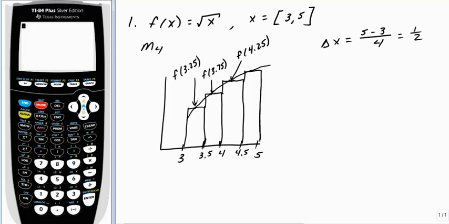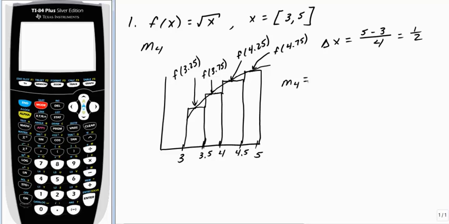Now the point of what we're trying to do is that integration finds area under a curve. And integration is going to end up being an infinite summation. It's going to take each of these rectangles, make them infinitesimally thin, and take a sum of all of their areas. So we're just looking at an approximation right now of a finite number of rectangles to find out this region. Well, I would say my M4 approximation for the area under the curve, the square root of x from 3 to 5. Every single time we know area of a rectangle is length times width.